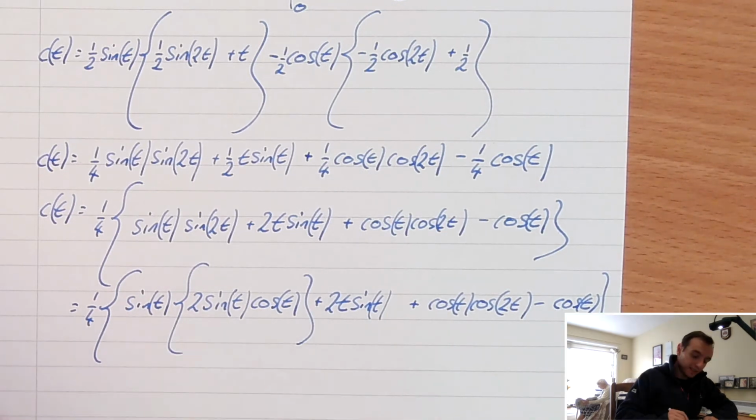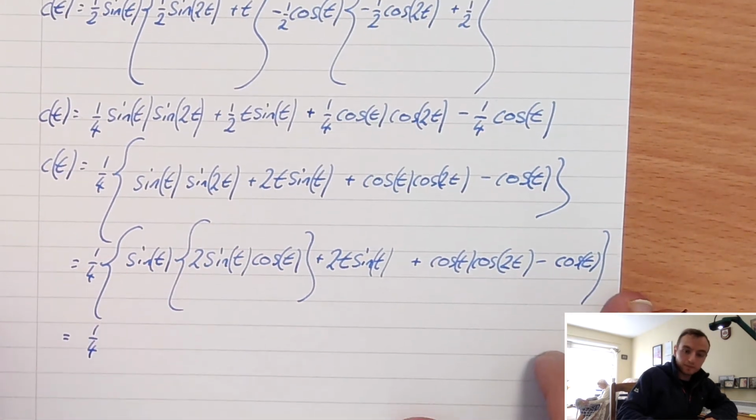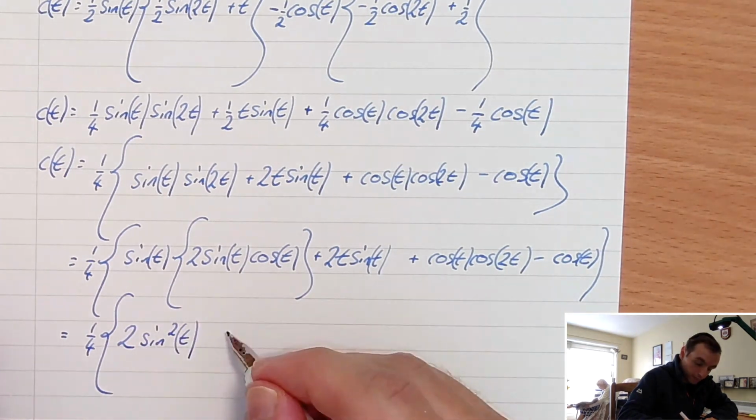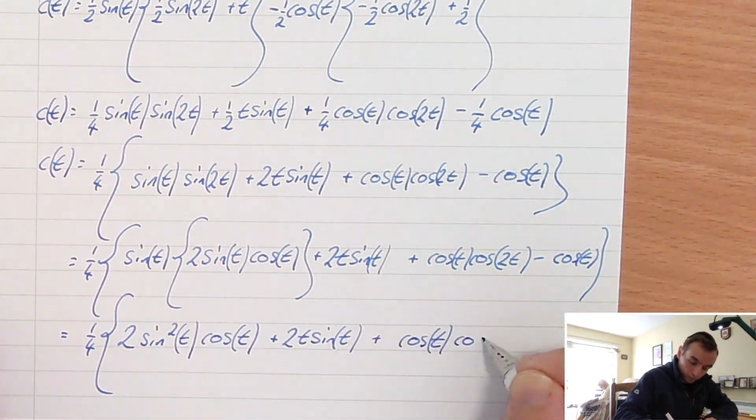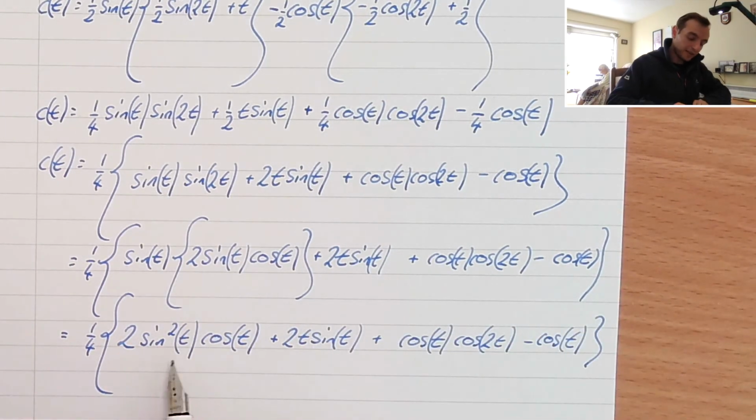Now let's expand that and see what we end up with. Okay, so now we have 2 sine squared t cosine t plus 2t sine t plus cosine t cosine 2t minus cosine t.